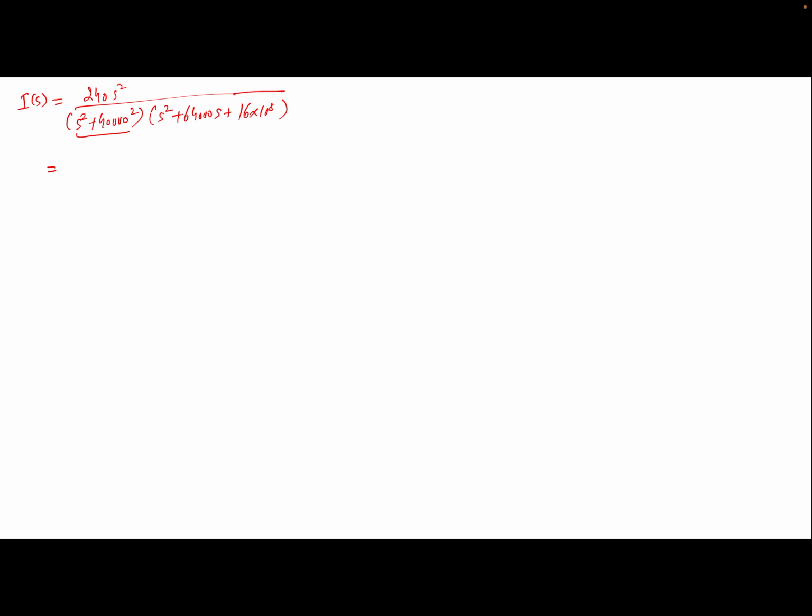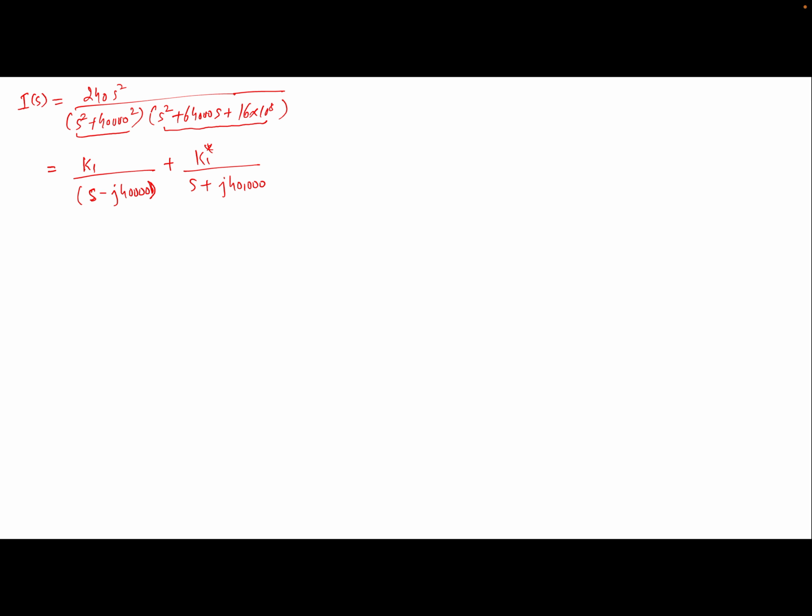So I can easily expand this as k1 over s minus j 40,000 plus k1 conjugate over s plus j 40,000.